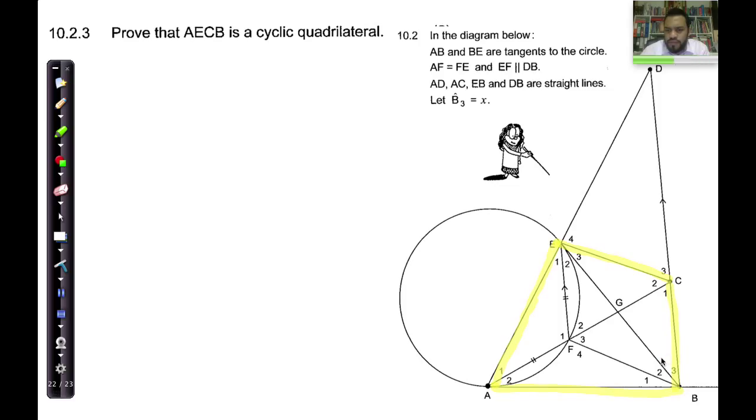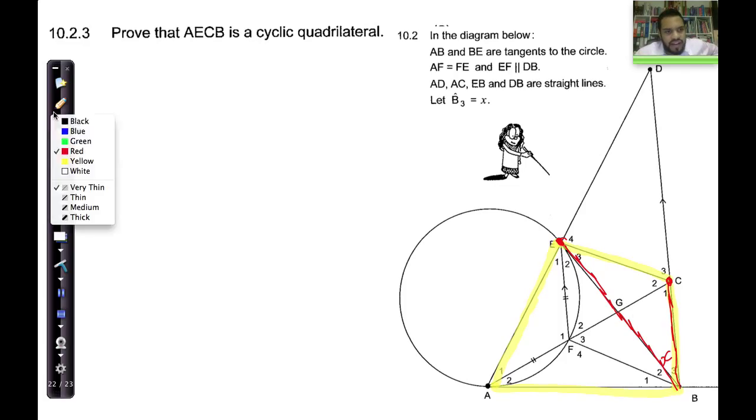Earlier we proved that B3 is equal to X, right? Now, if I told you that B3 is equal to X, if this is a cyclic quadrilateral, then from that point to that point, remember E and C and B and A are points on the circumference of that circle, then I can say that this angle here is equal to X, right?